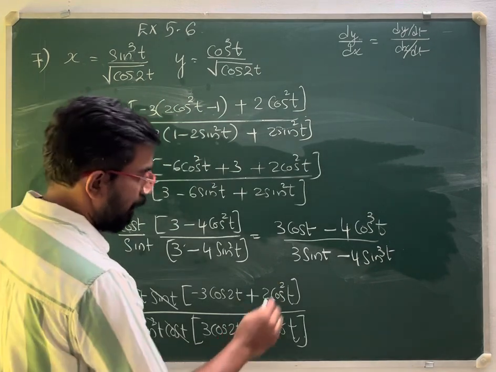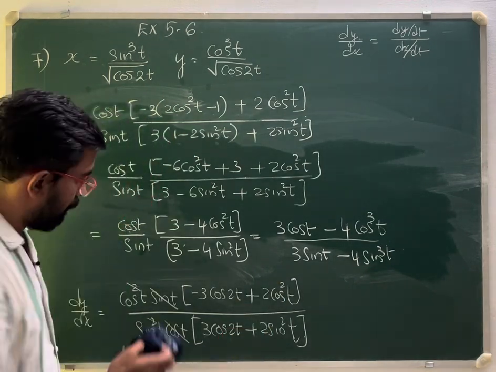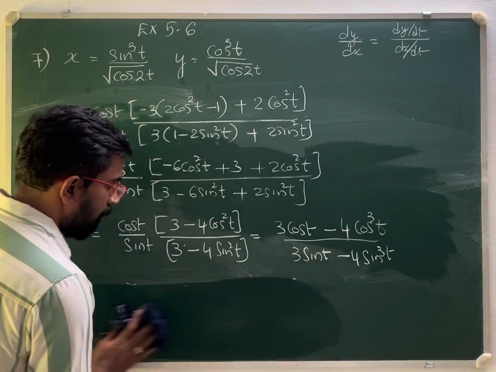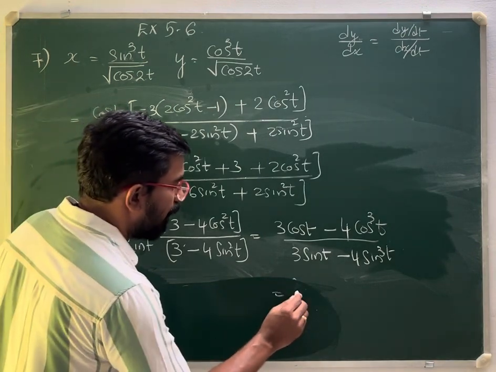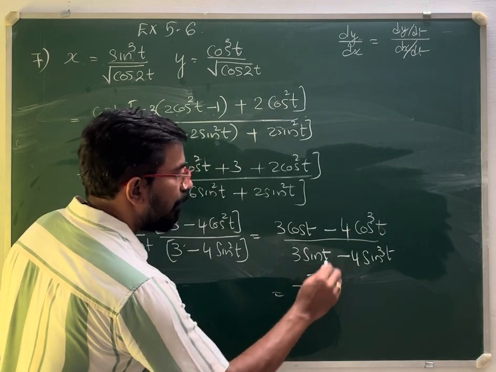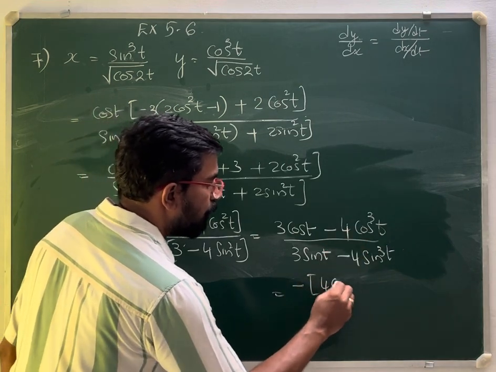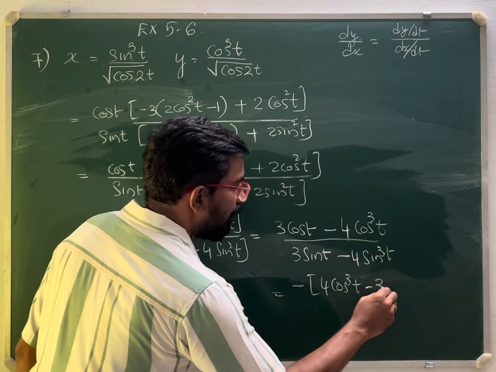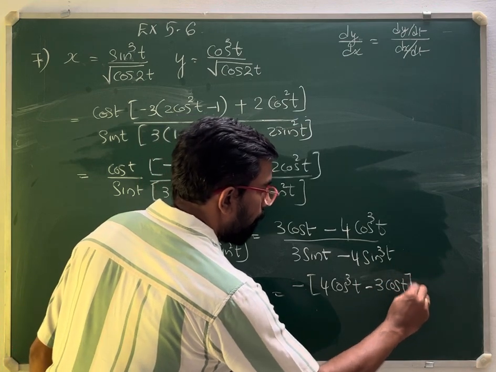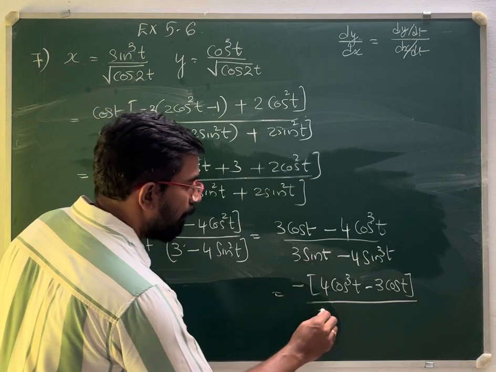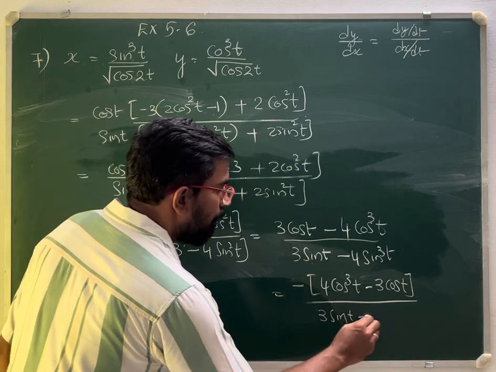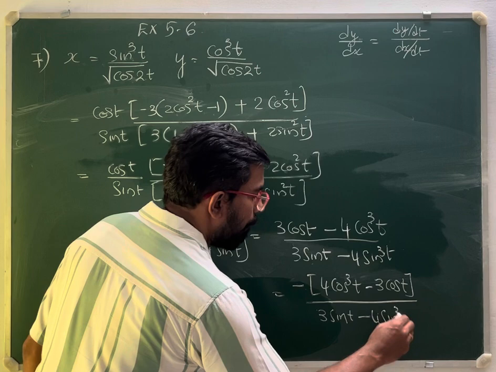Now children, you see this part, let me erase. If I take a minus outside here, what will come? If I take a minus, 4 cos cube t minus 3 cos t, divided by, here I leave it as it is, this is a formula, 3 sin t minus 4 sin cube t.